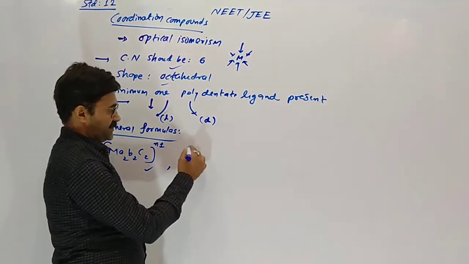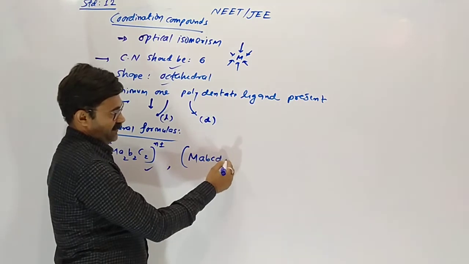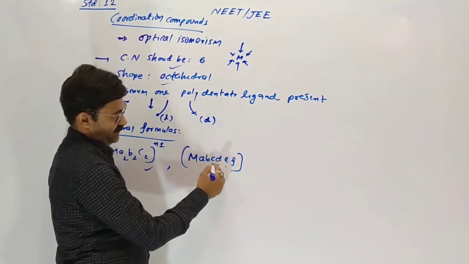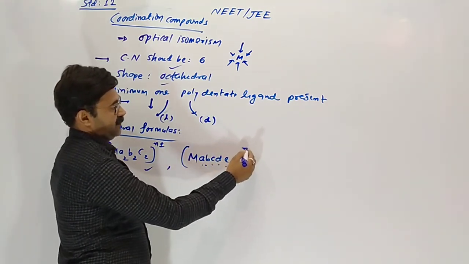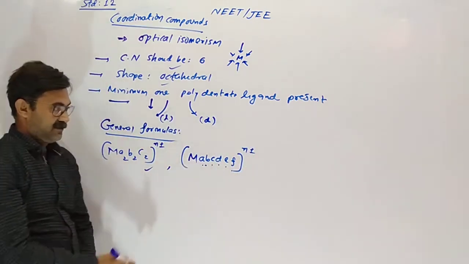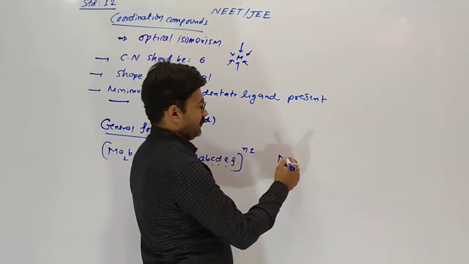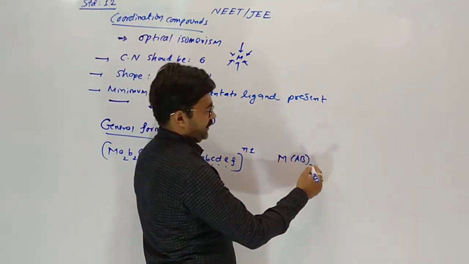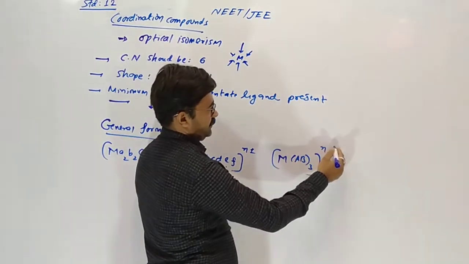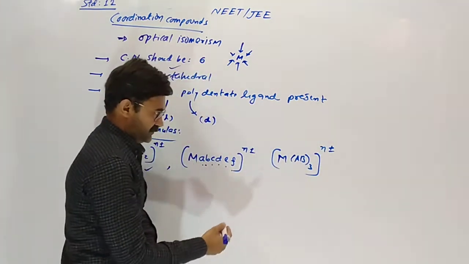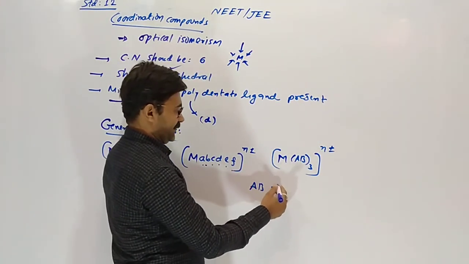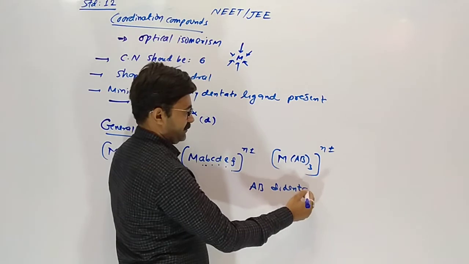If all 6 ligands A, B, C, D, E and F are different and all are monodentate, it also gives optical isomerism.